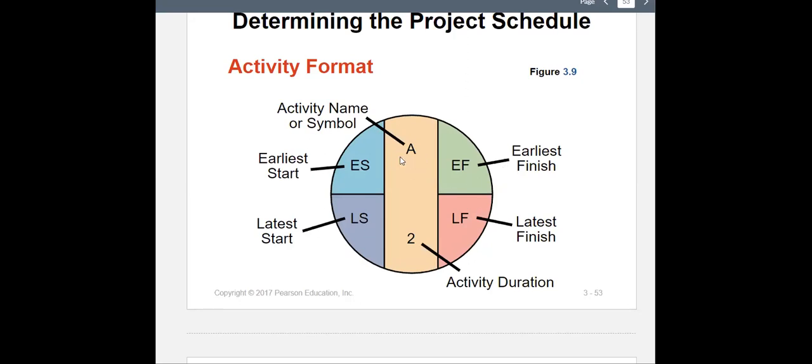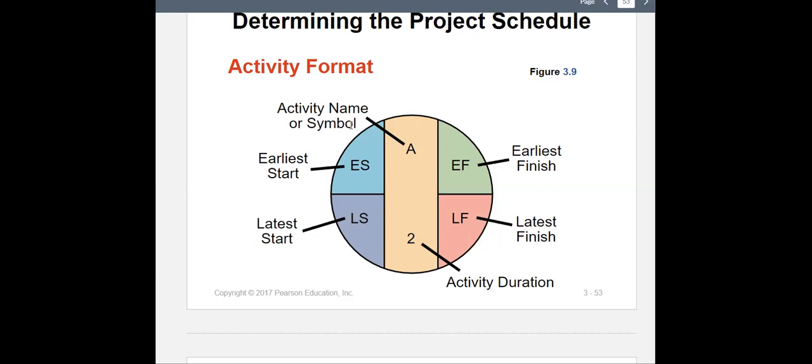So A is already a name, so it doesn't change. The number down here, activity duration, is given to us in that table, so it won't change. What's going to change is earliest start and earliest finish. So moving forward from the beginning of the network to the end of the network, we start calculating earliest starts and add the duration of the activity to calculate earliest finish.